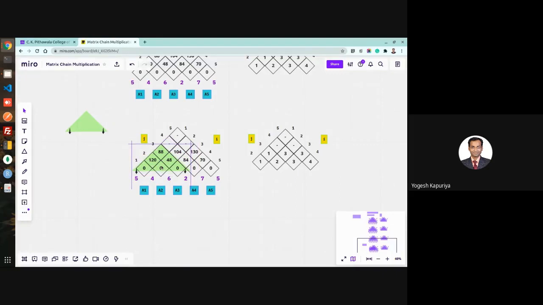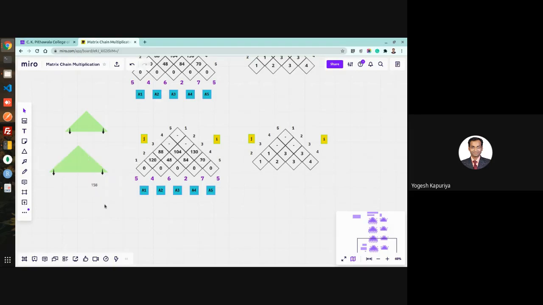It will be 88 plus 5 cross 2 cross 7. 70 plus 88 will give you 158. So one value is 158.